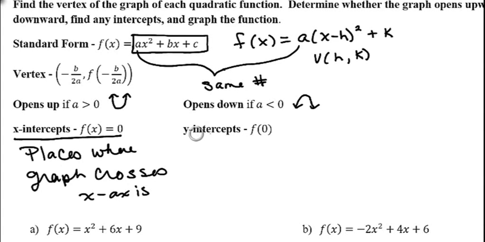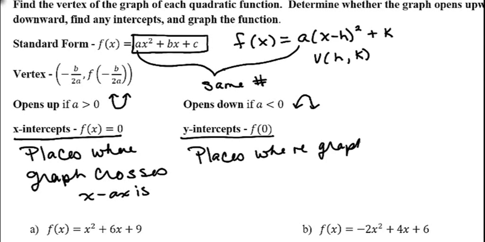In the same way, y-intercepts are places where the graph will cross the y-axis. And you find those by plugging 0 into the function, so you find the value f of 0.